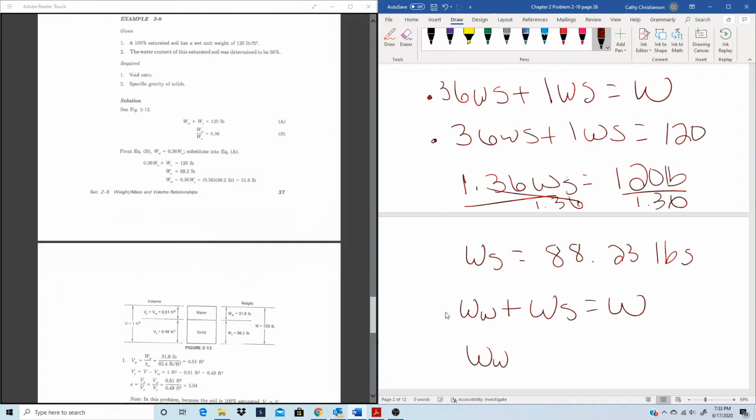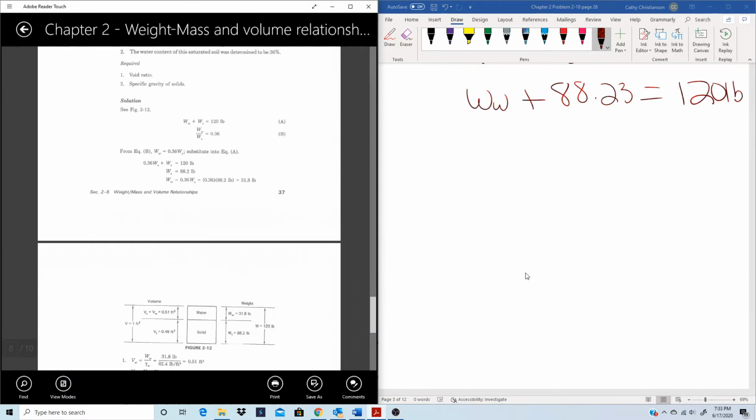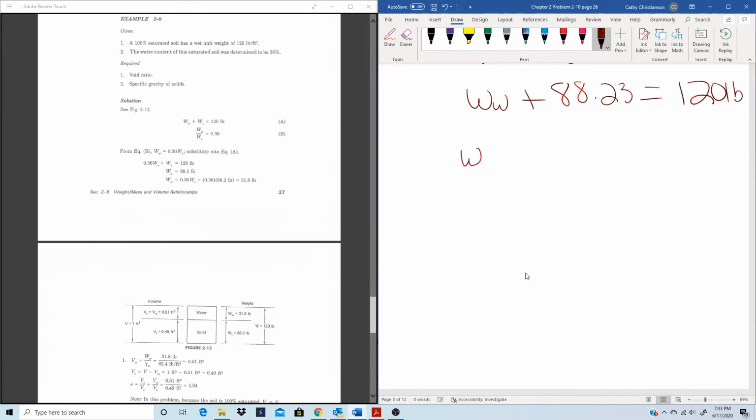So the weight of the water plus the weight of the solid equals the weight. Weight of the water plus our 88.23 equals the 120 pounds. So the weight of the water equals 120 pounds minus your 88.23, and that's in pounds actually.